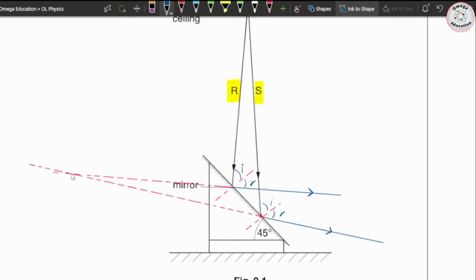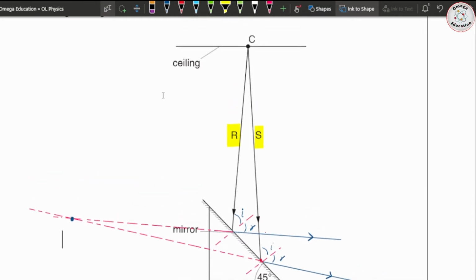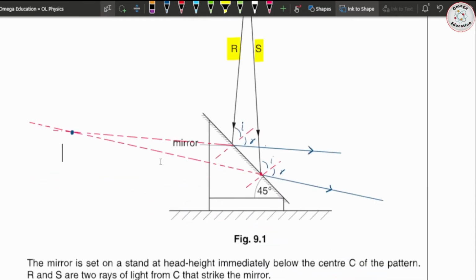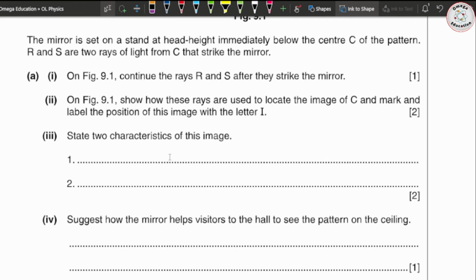So this one was a point of intersection, and that would be representing the position of the image, and we have to mark it with the letter I.